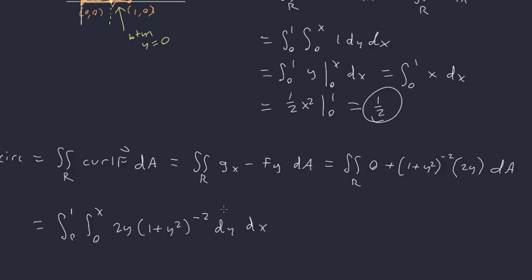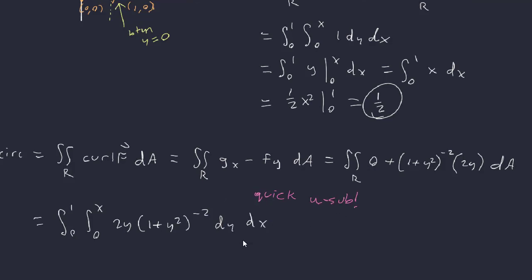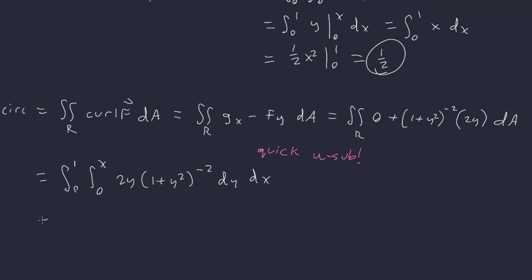And the reason I'm writing it this way is because this is going to be a quick u substitution. Because we'll leave the 2y, and we'll say that this is 1 plus y squared, the stuff, to the negative 1, all over negative 1, then times the derivative of the inside, which is the 2y. So this is what allows us to do our u substitution.